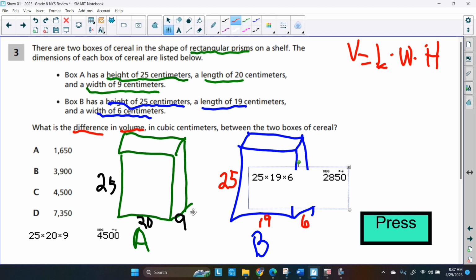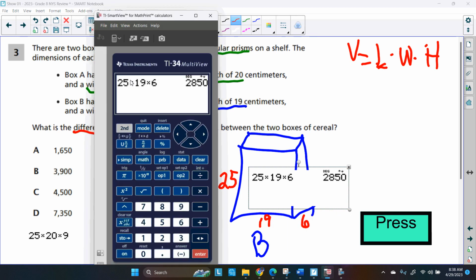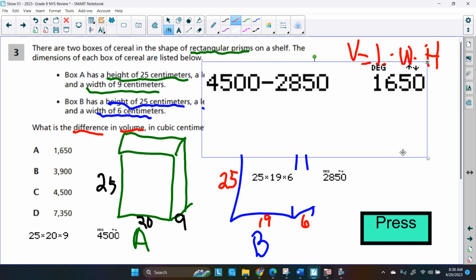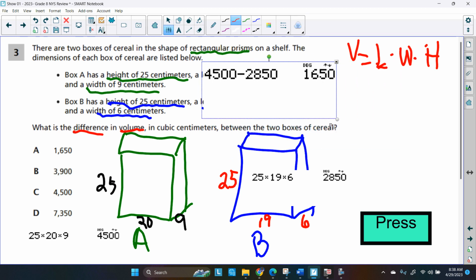They said, what is the difference in volume in cubic centimeters between the two boxes of cereal? That means we have to subtract these volumes. Let me clear this and get the first volume, box A, which had 4,500. Let me subtract box B, which was 2,850, and that'll give me the difference of 1,650 cubic centimeters.